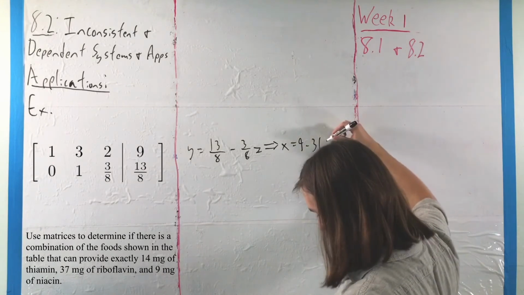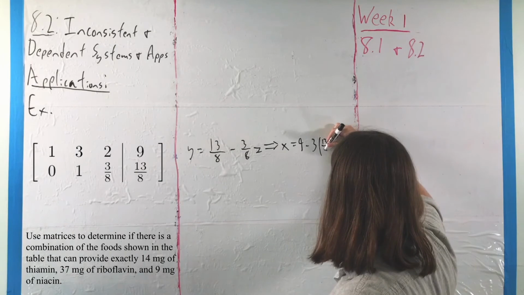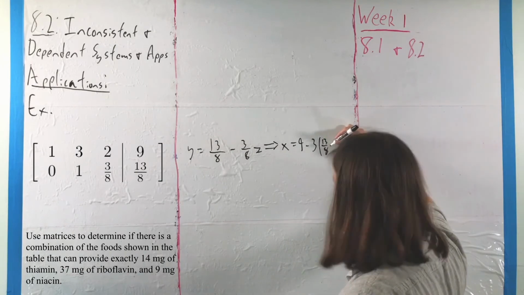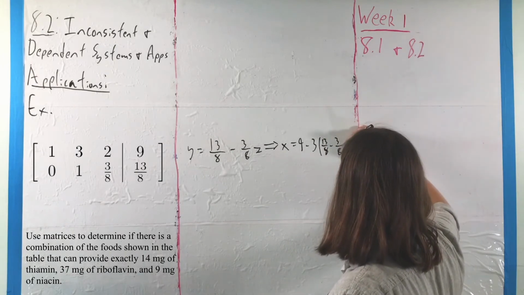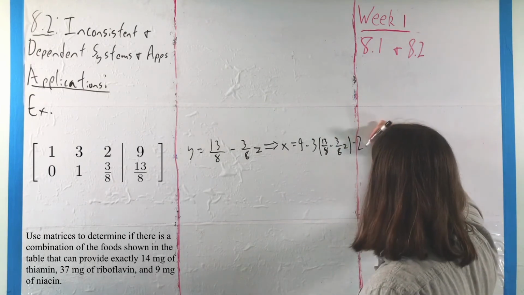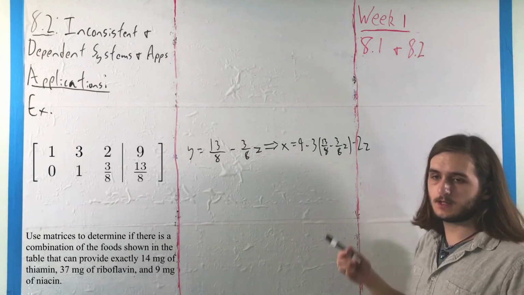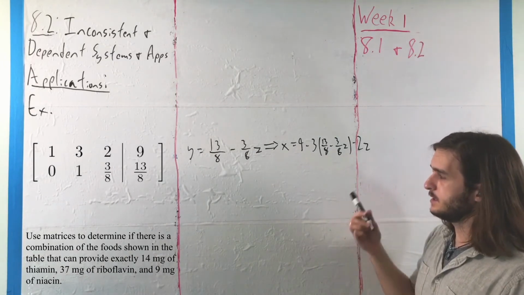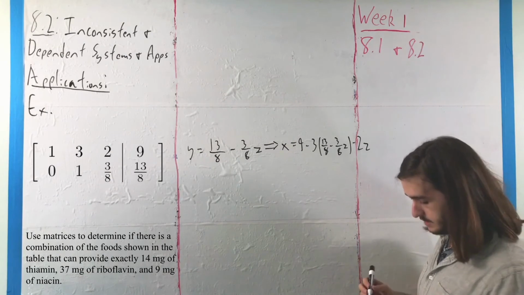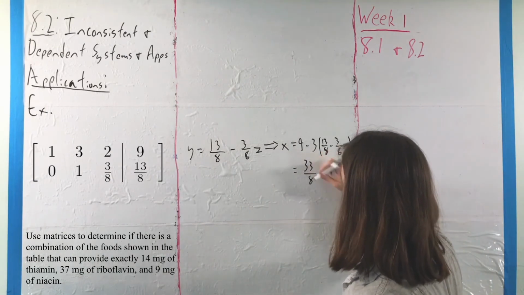And from there, we can substitute that into x and get x is equal to 9 minus 3 times 13/8 minus 3/8 z minus 2z. That 3 is going to multiply in there, get 39/8. 9 minus 39/8 ends up being 33/8.